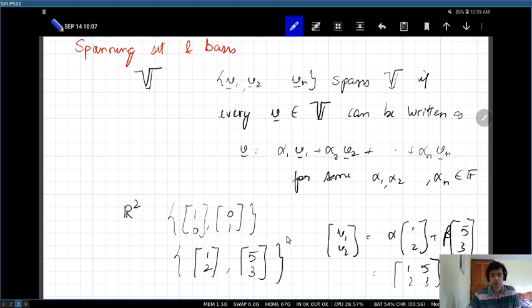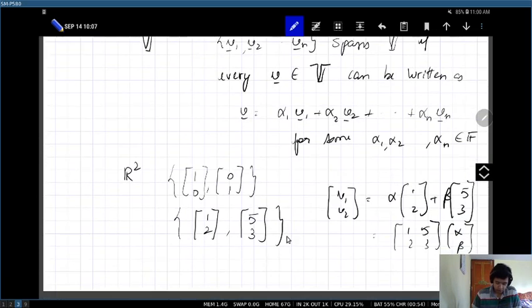So in general, any set of at least two linearly independent vectors spans R2.